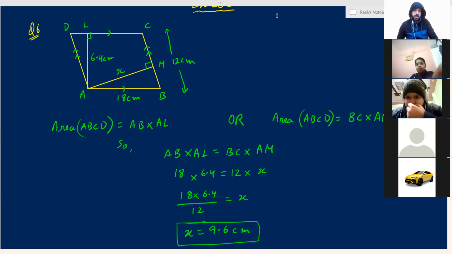Post your answer in the group, everyone. Any help required in question 7?